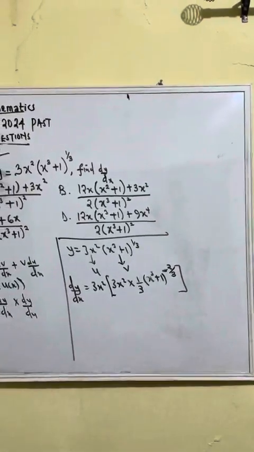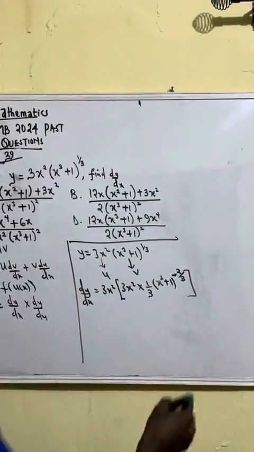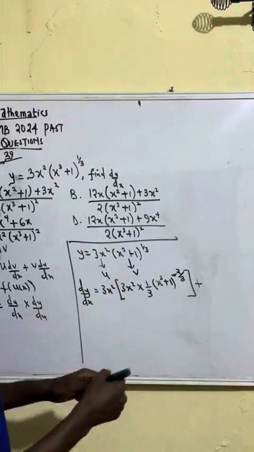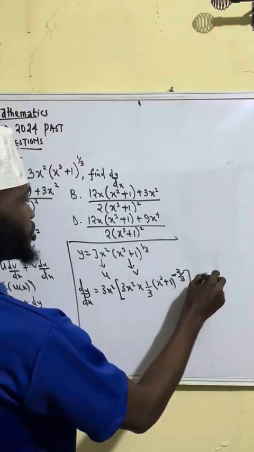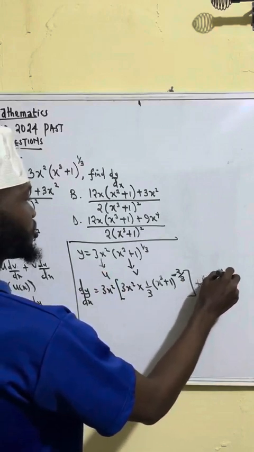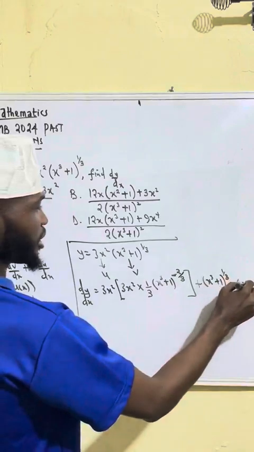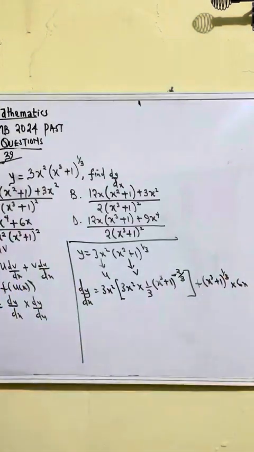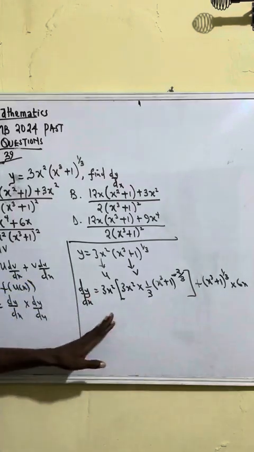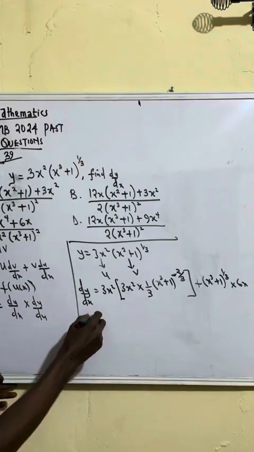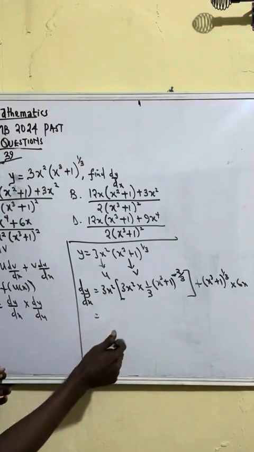So you can see how big it's now becoming. From there, moving on, then plus, hold v as constant. That is, I will have (x cubed plus 1) raised to power 1 over 3. Then differentiate u. I will have 6x for the derivative of u. Now, the next thing is to simplify this and see whether you get what is in the options. So the next thing is to open this bracket.